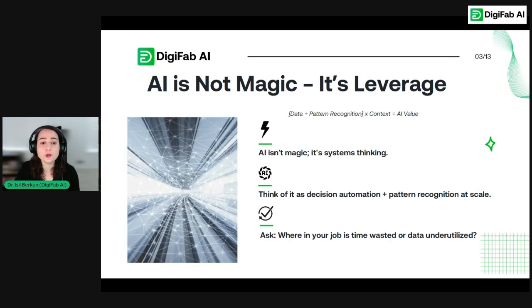In simpler terms, we can call it math plus data plus scale is AI. It's actually systems thinking, which we will go into in more flow charts in the upcoming slides. But we can think of it as automated pattern recognition applied at speed. I think that's the simplest way I've come up with to explain it.